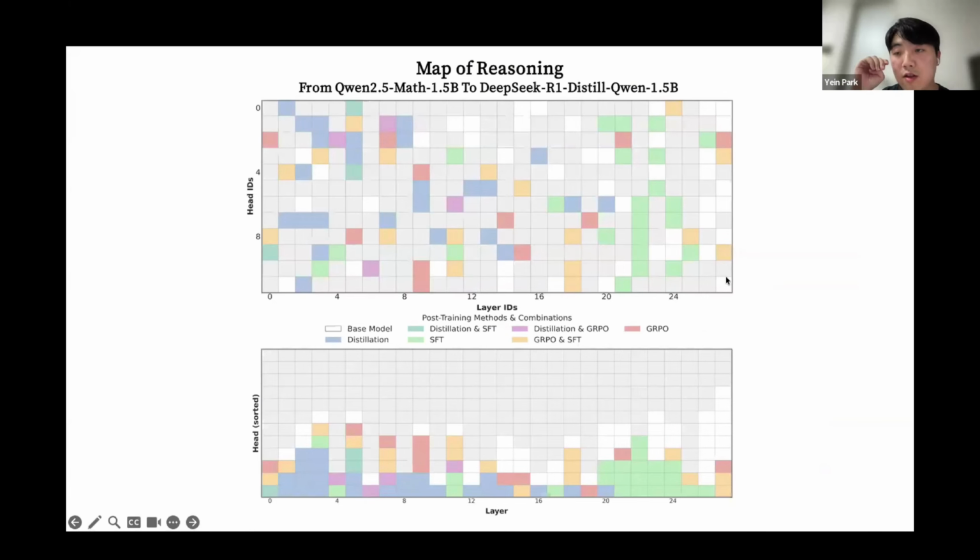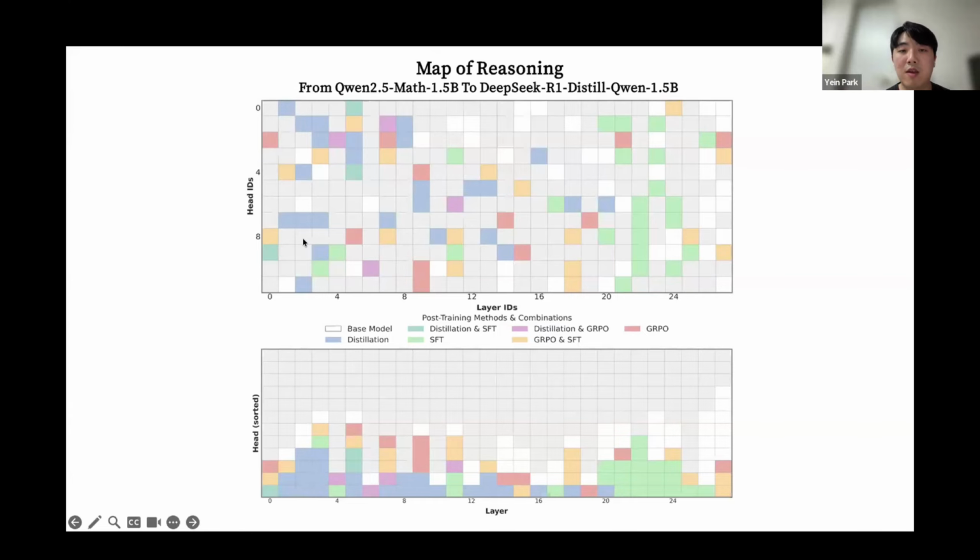We differentiate the reasoning model circuits from the baseline model circuits, and we found only certain attention heads coming in the reasoning model circuits. We collect them and map them onto this whole map of reasoning.